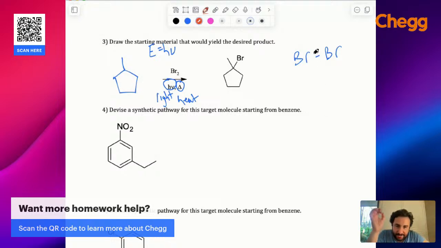But in homolysis, you use single-headed arrows because they denote the movement of one electron, not two. A regular electron pushing arrow always denotes the movement of two electrons, a lone pair, a bond, whatever it is. Single-headed arrows denote the activity of a single electron. So that gives us two bromine radicals.